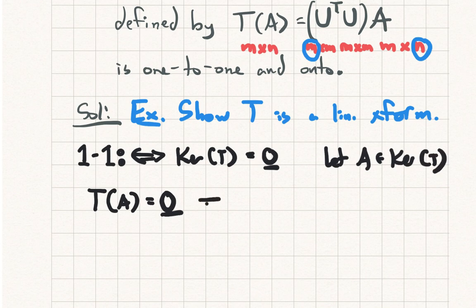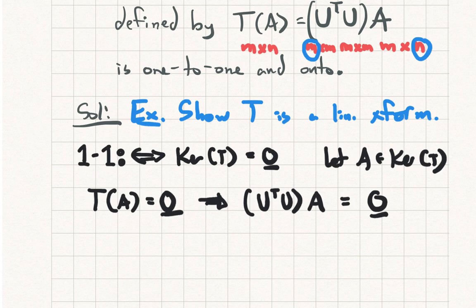But we know what T does. We're told T takes A and it multiplies it on the left by U transpose U. And we know that that equals that zero matrix.